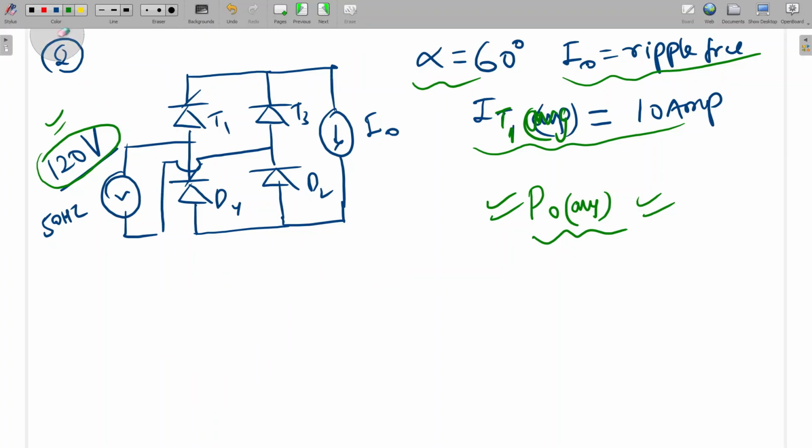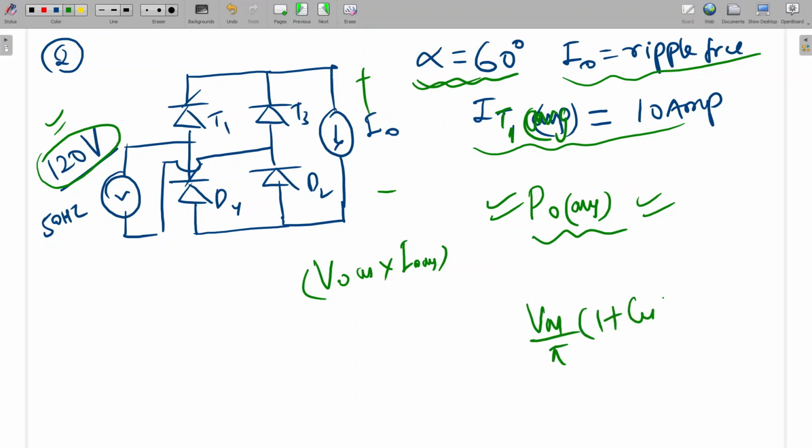What is the output power? Output power is equal to VO average into IO average. VO average we can calculate from alpha: Vm upon pi into 1 plus cos alpha. What is IT1 average? This is one diode, and this and this are thyristors. What will be IT1 average for this kind of circuit? Already we have derived it.